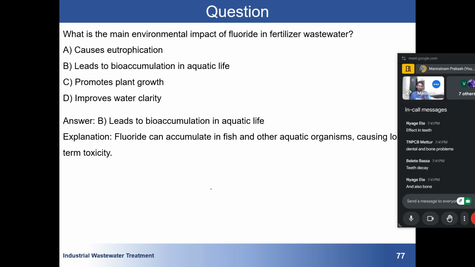But which part gets affected at what age also depends upon your age. So in general you are all correct: we say dental fluorosis and skeletal fluorosis, two things which are caused by high amount of fluoride consumption.